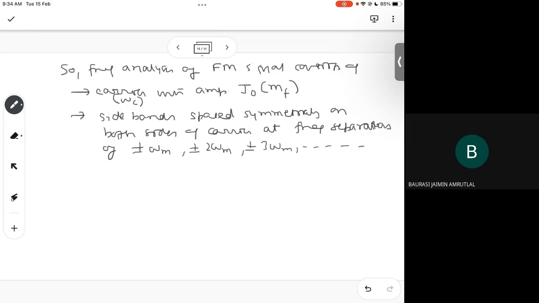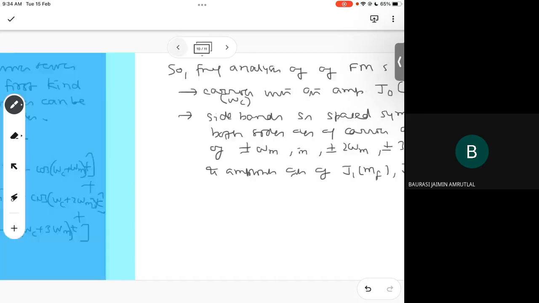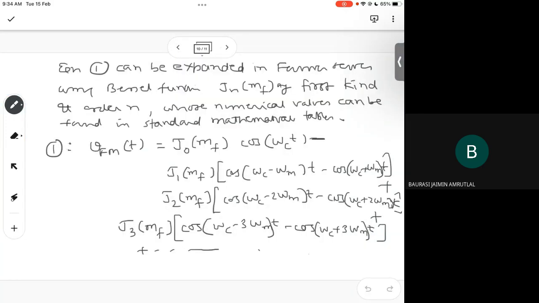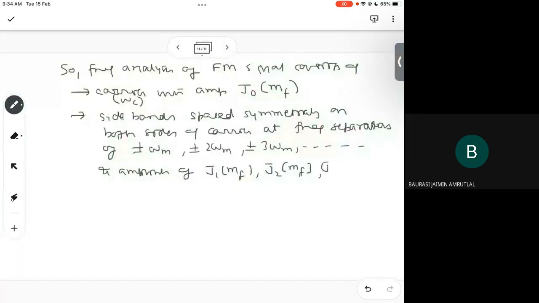And the amplitudes for the various modulation index values are J1 MF, J2 MF, and J3 MF, and so on, respectively.